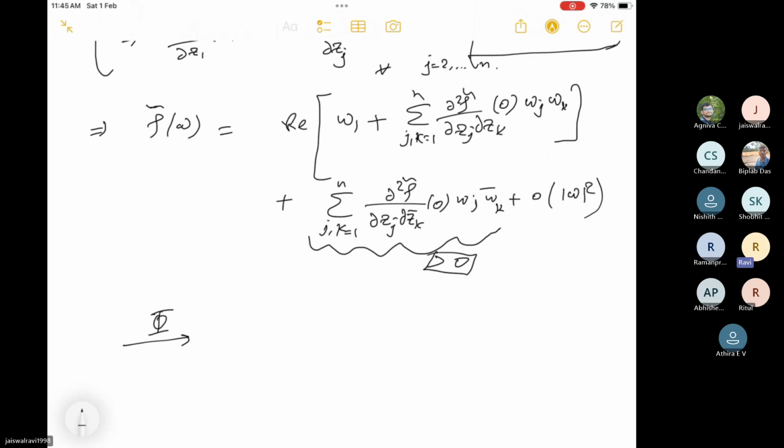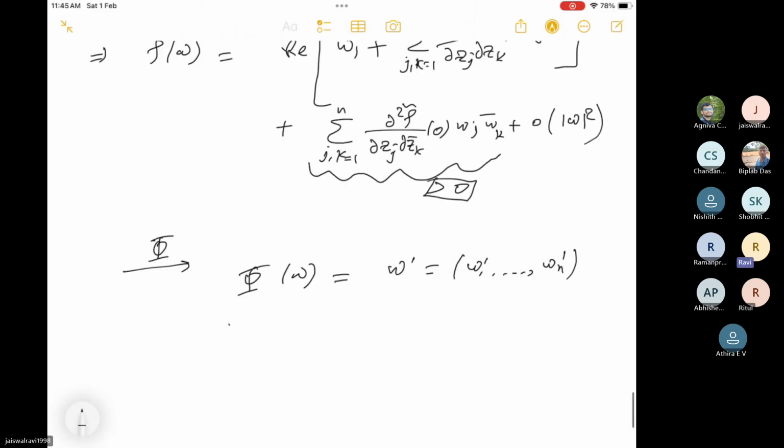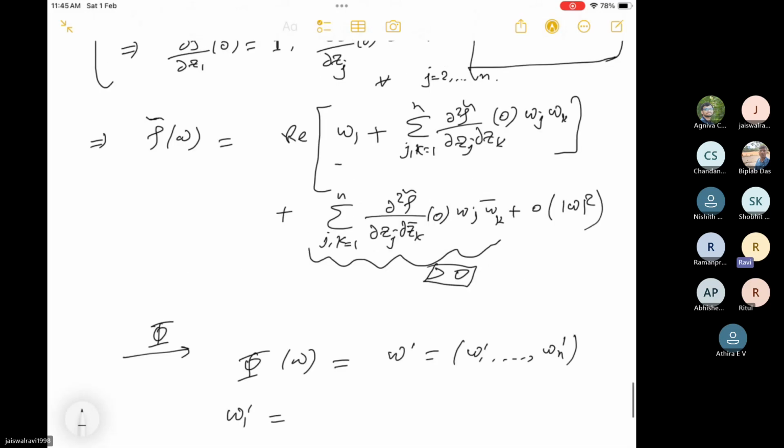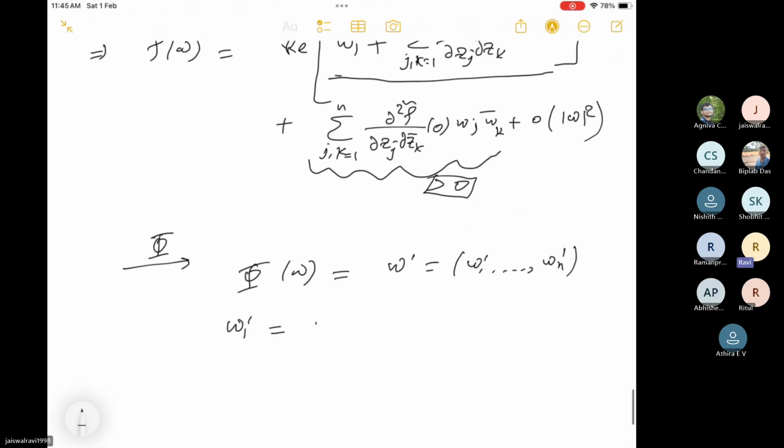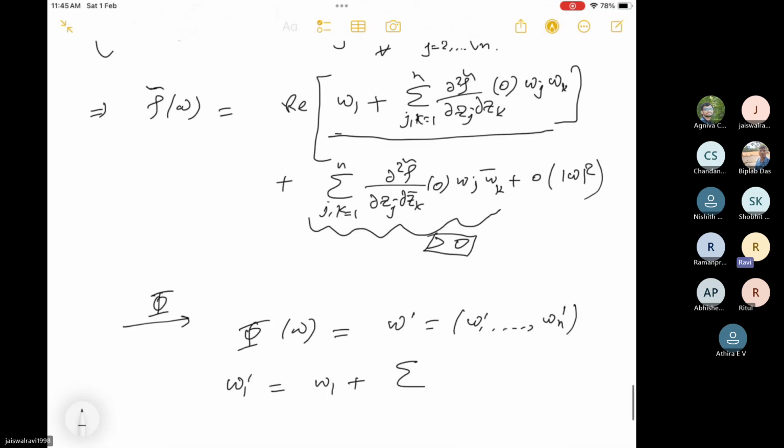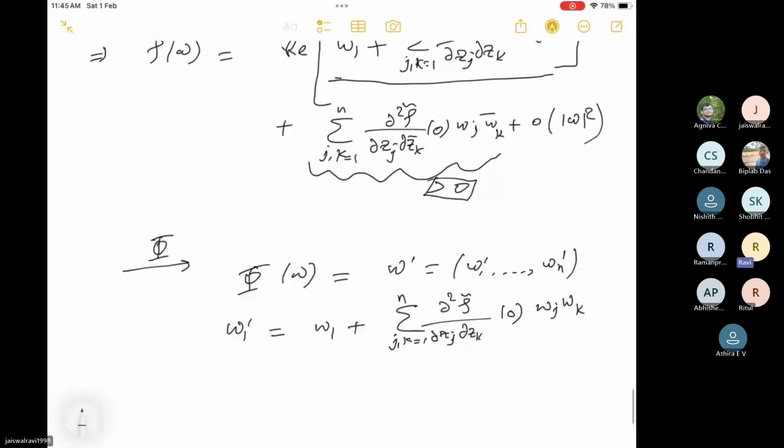In a new coordinate, we take phi of w to be w prime, where w prime is (w1 prime, ..., wn prime), and we define w1 prime as w1 plus, I will define this, then it will be clear why I am defining this type of phi, the sum over j,k from 1 to n of del square rho tilde by del zj del zk at 0 wj wk, and other than that we just define wj prime equal to wj for j from 2 to n.